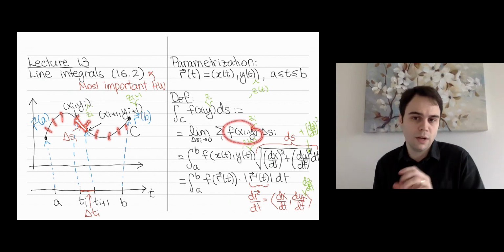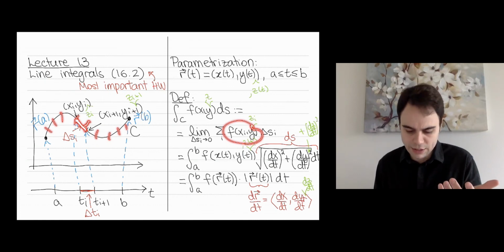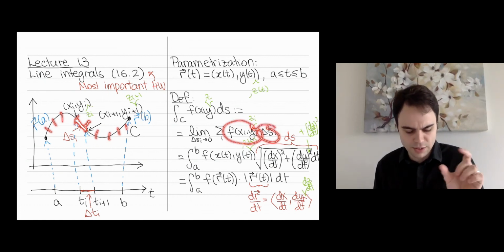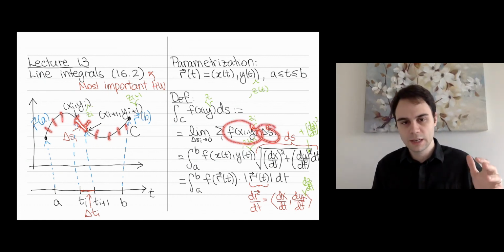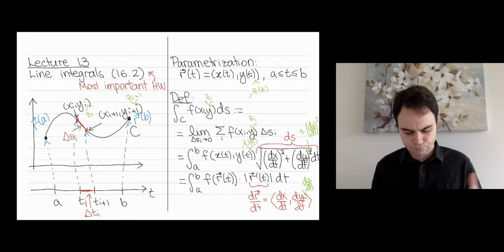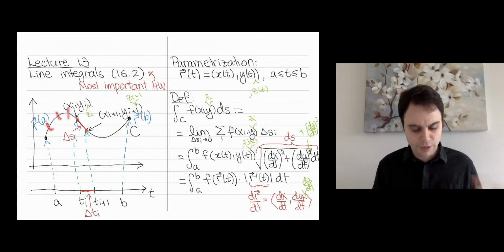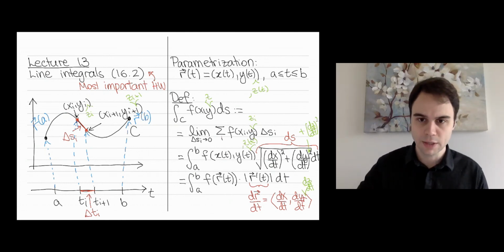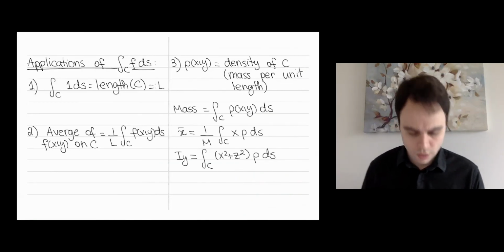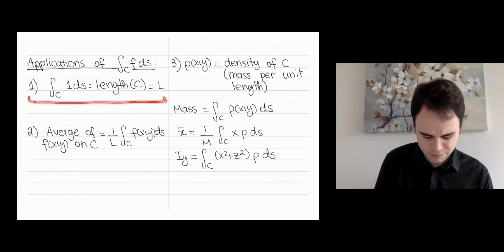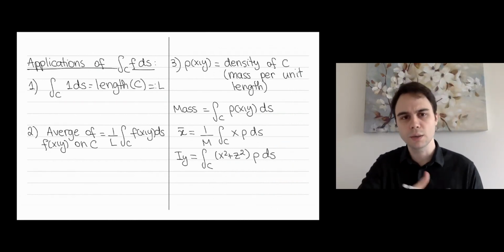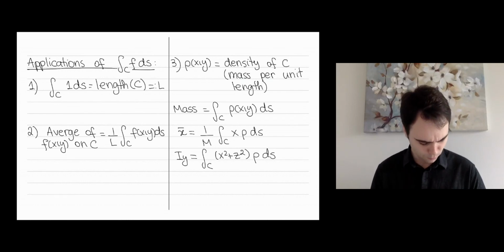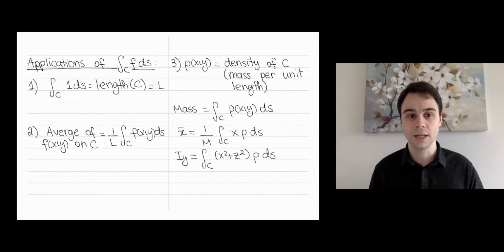If I'm integrating 1, I'm really just adding the lengths, the distances between two consecutive points, in finer and finer subdivisions of the curve. So it's really giving me the length of the curve in the limit. If this doesn't make a lot of sense, I encourage you to look at lecture 12.